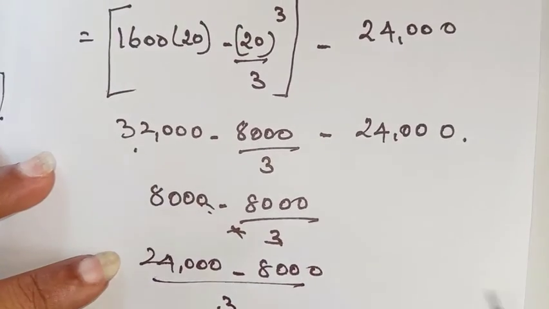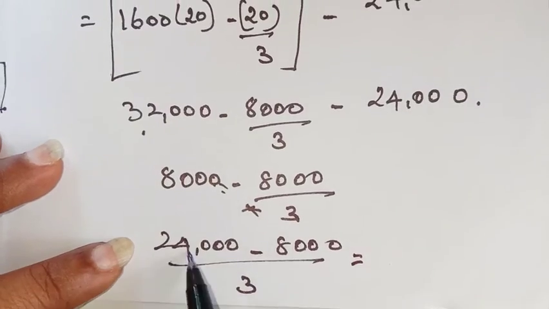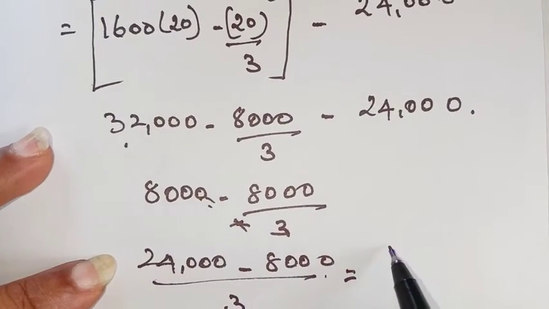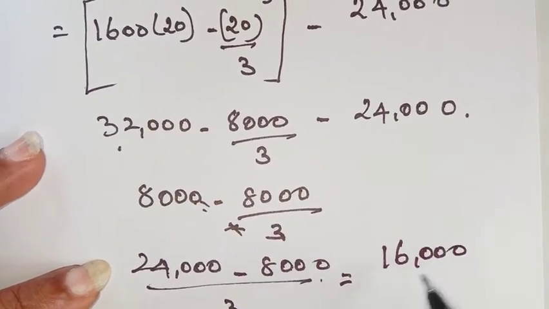Taking the LCM gives the same number. So the consumer surplus comes to 16,000 divided by 3.